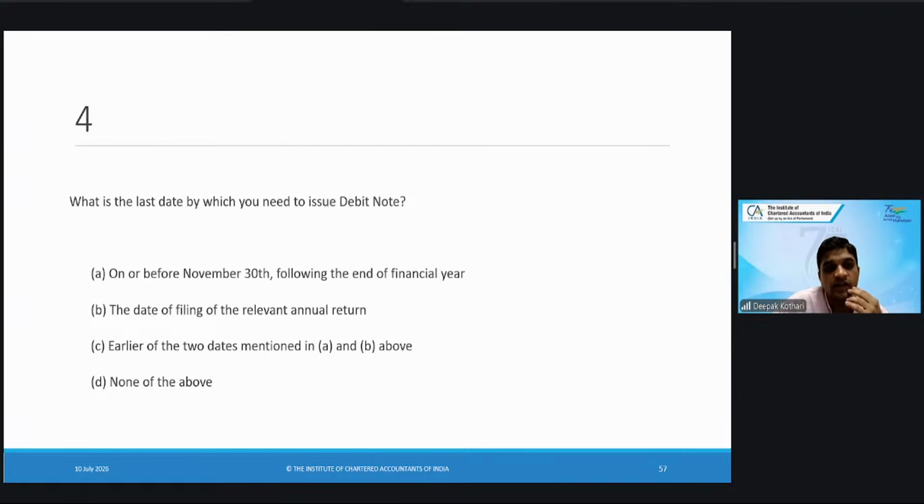Correct. As it increases the revenue, it can be issued anytime. So time limit for debit note is T. Correct.